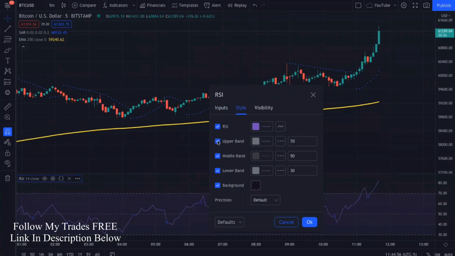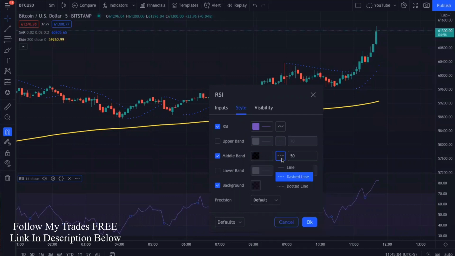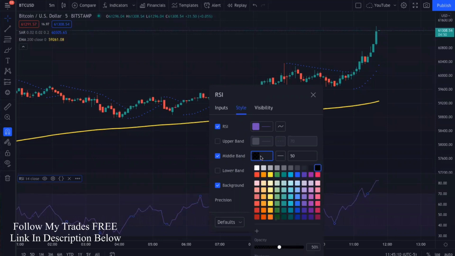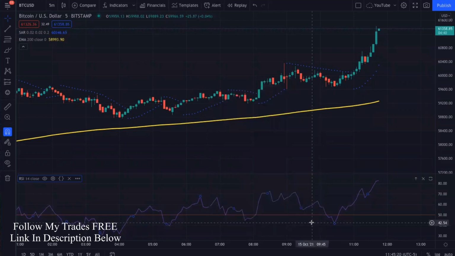We're going to get rid of the upper and lower. We're just going to do the middle at 50, with a solid line. Let's make this a different color so we can keep up with it. All right, so this makes it a lot easier to look at.